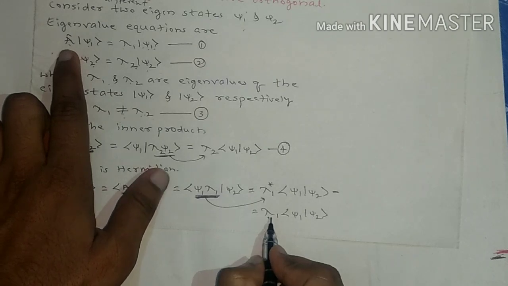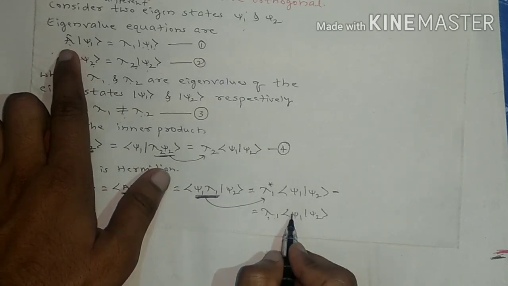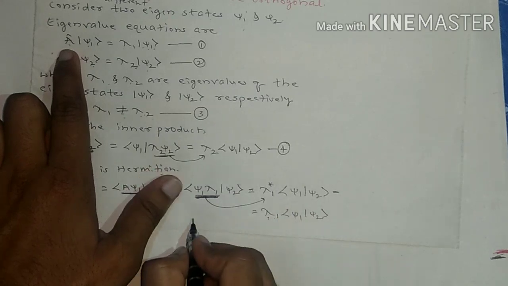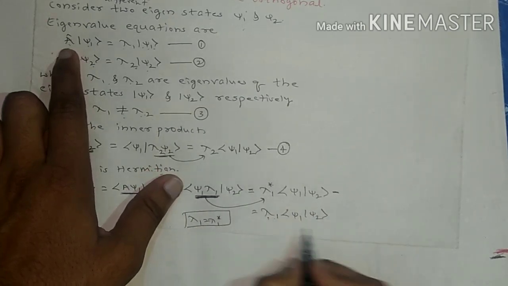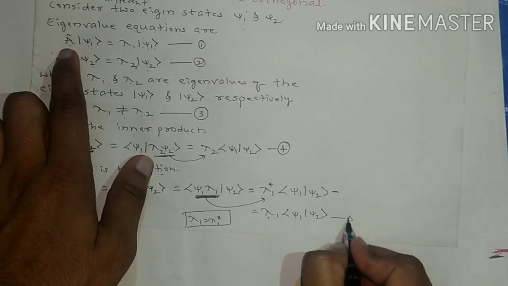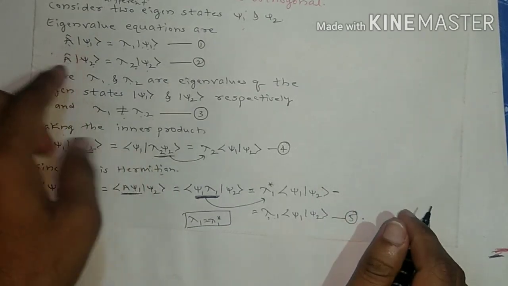That means lambda 1 is equal to lambda 1 star. So I can write it like this, and let us call this equation number 5.